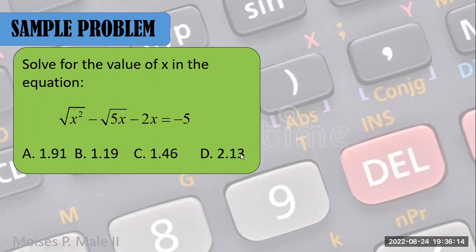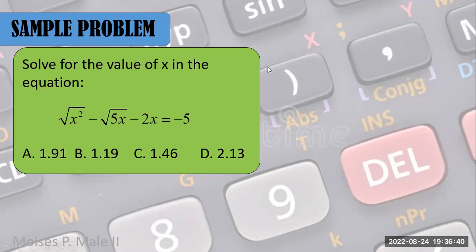So, ang ginagawa mo, mag-approximate ka na lang. So, example, this one. You approximate kung ano yung magbibigay ng value which is close to negative 5. So, there are cases kasi na medyo malapit yung halos lahat ng binigay. So, mahirap pumili.